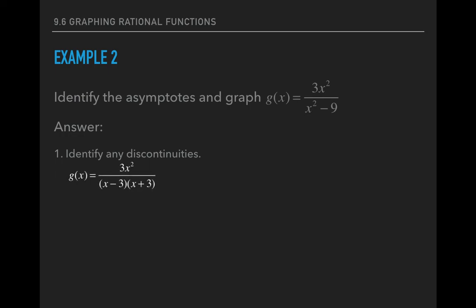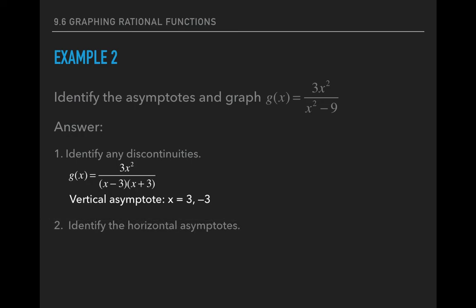So the denominator can be factored to x minus 3 and x plus 3, which means you have vertical asymptotes at the lines x equals 3 and x equals -3. There are no point discontinuities because you cannot remove factors.